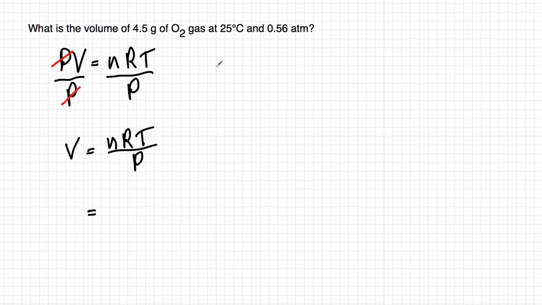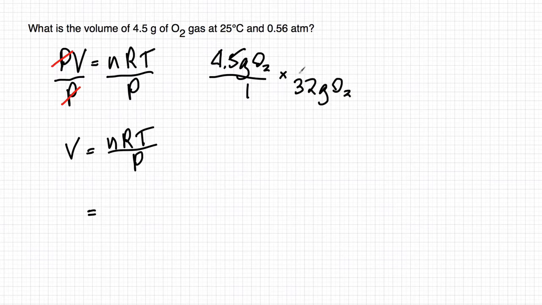So what we need to do next is to plug in our values, and the first bit of business is we need to figure out how many moles are in 4.5 grams of O2. So I'll go ahead and do that right now. 4.5 grams of O2, and for every 32 grams of O2 we're going to get 1 mole of O2.